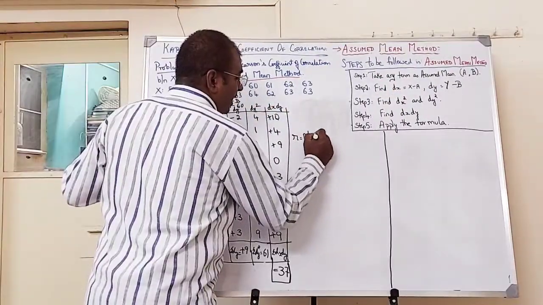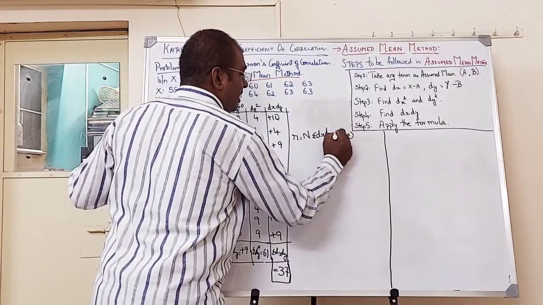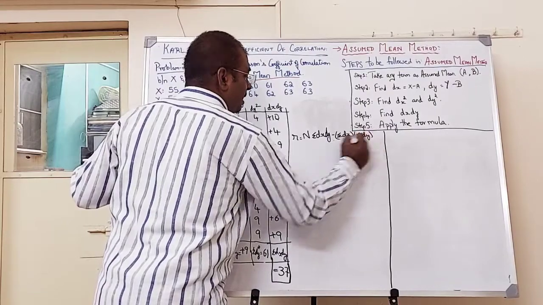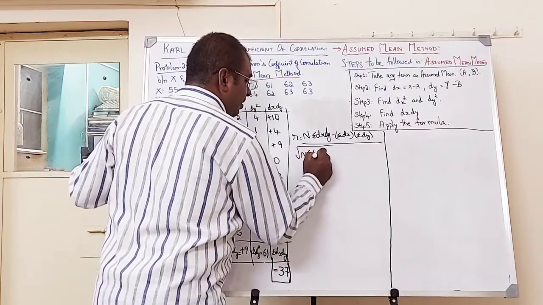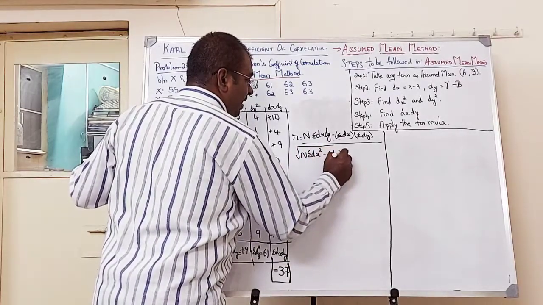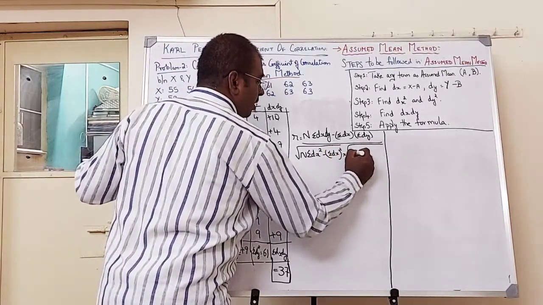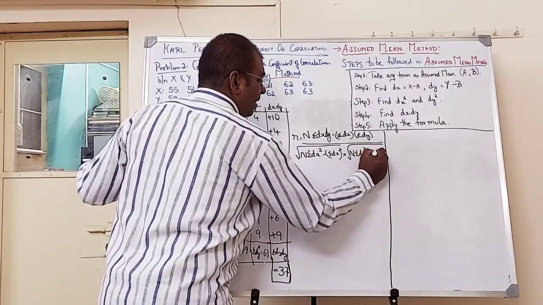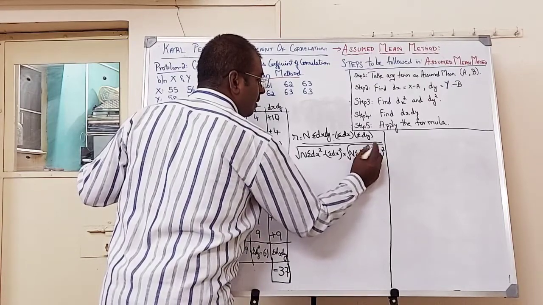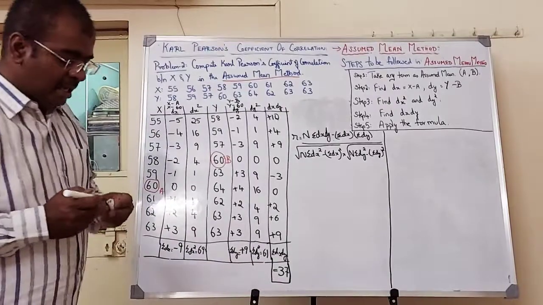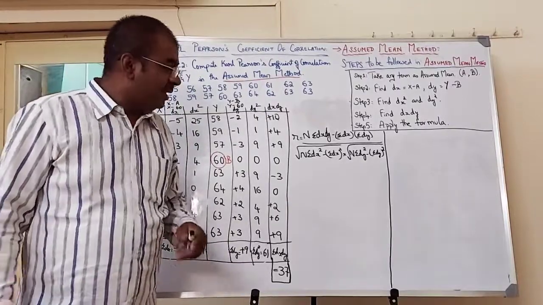R is equal to n sigma dx dy minus sigma dx into sigma dy, divided by square root of n sigma dx square minus sigma dx the whole square, into square root of n sigma dy square minus sigma dy the whole square. So this is our correlation formula in the case of the assumed mean method.